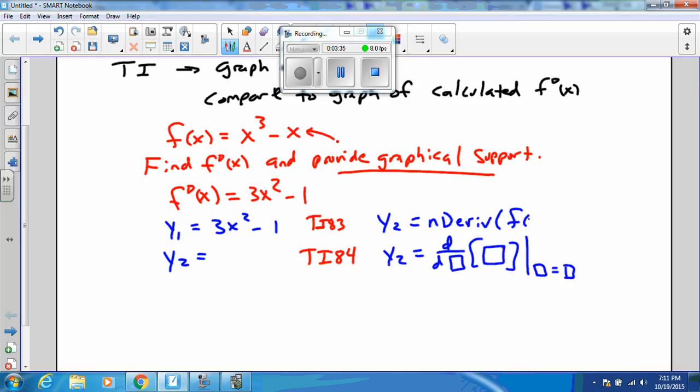The top one here is waiting for a function value, followed by a comma, followed by a variable, which is always x, followed by the point of differentiation, which in our case is going to be x as well. The comma button is found right above 7 on your calculator.